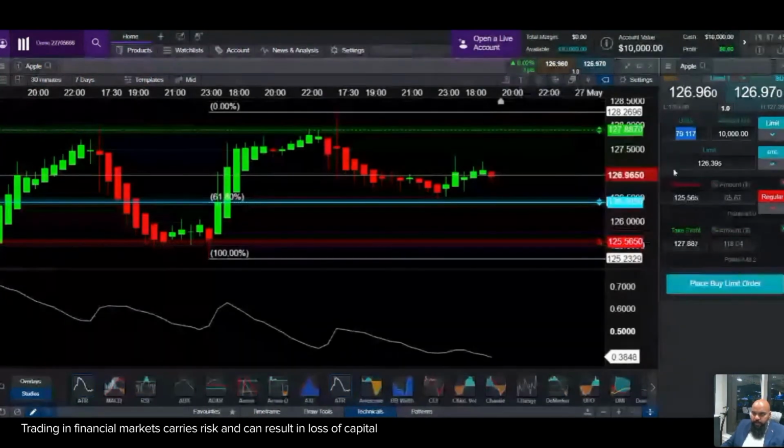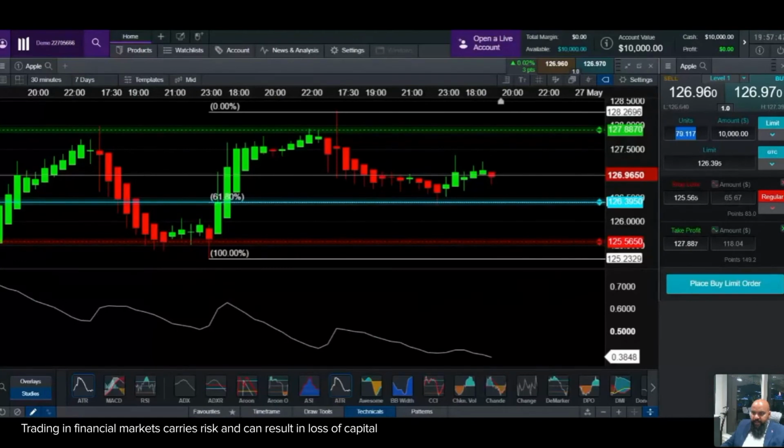So we are going to be entering at 126, and we're going to be keeping a stop loss as well. Let's keep a $1 stop loss.